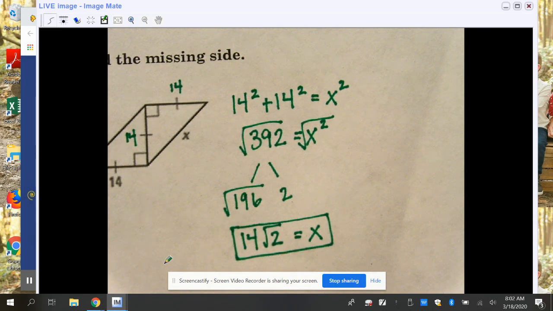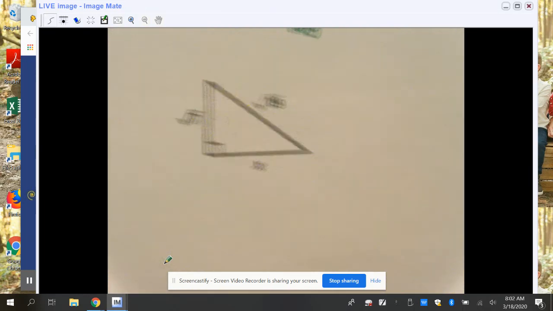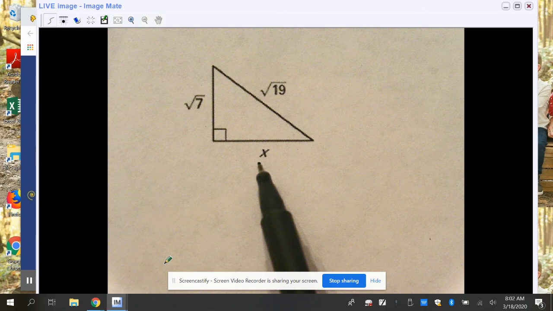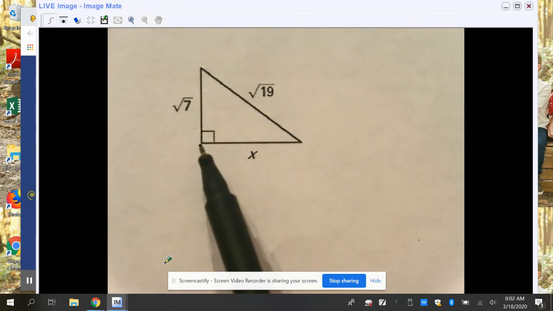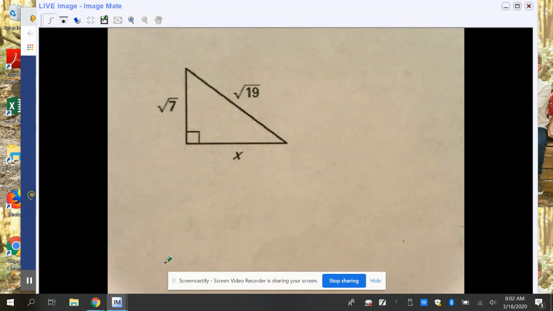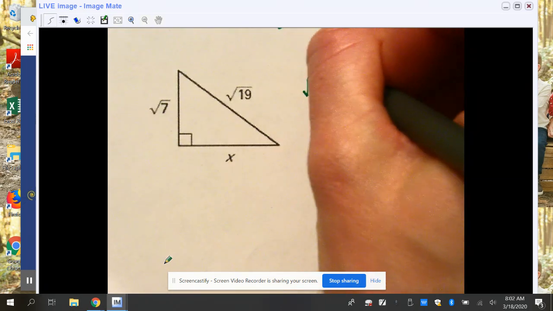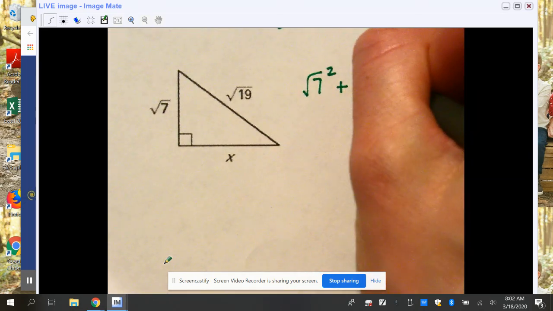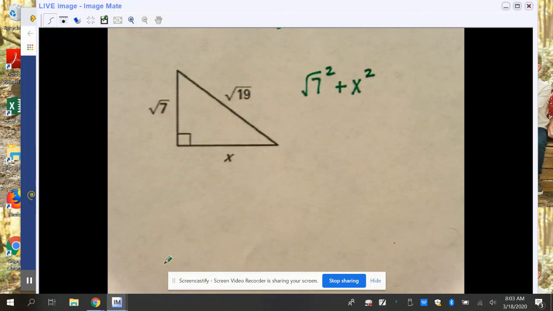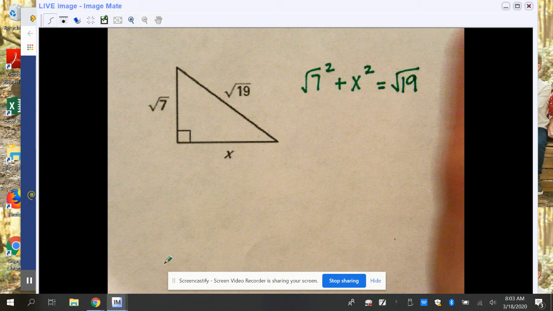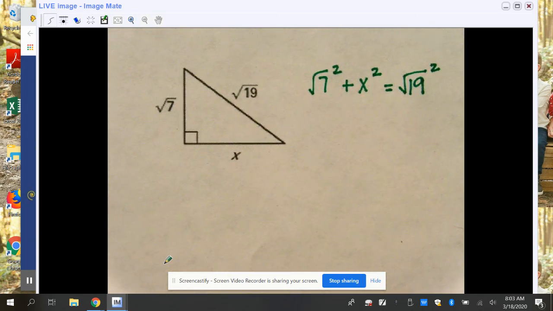All right, so now on this next one, our variable is one of the legs. So when we substitute these side lengths into the Pythagorean theorem, this would be radical 7 squared plus x squared, or x squared plus radical 7 squared equals radical 19 squared.